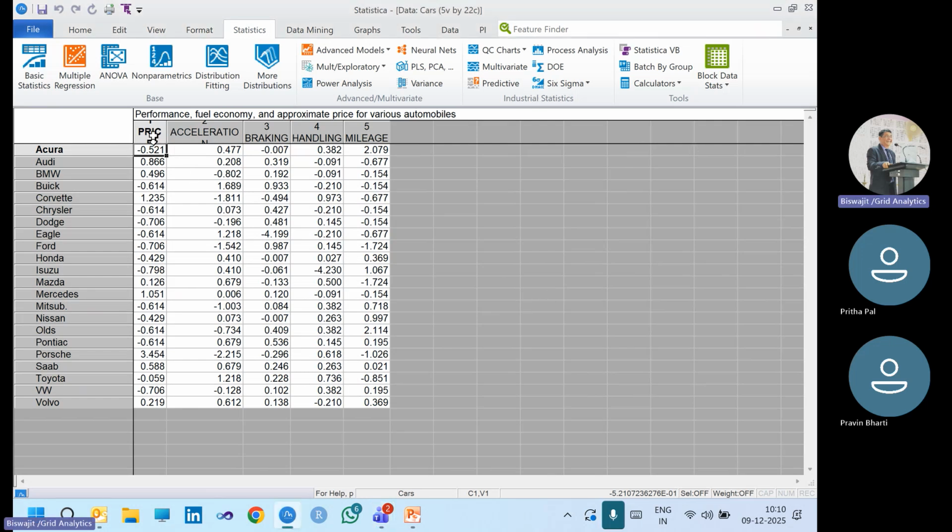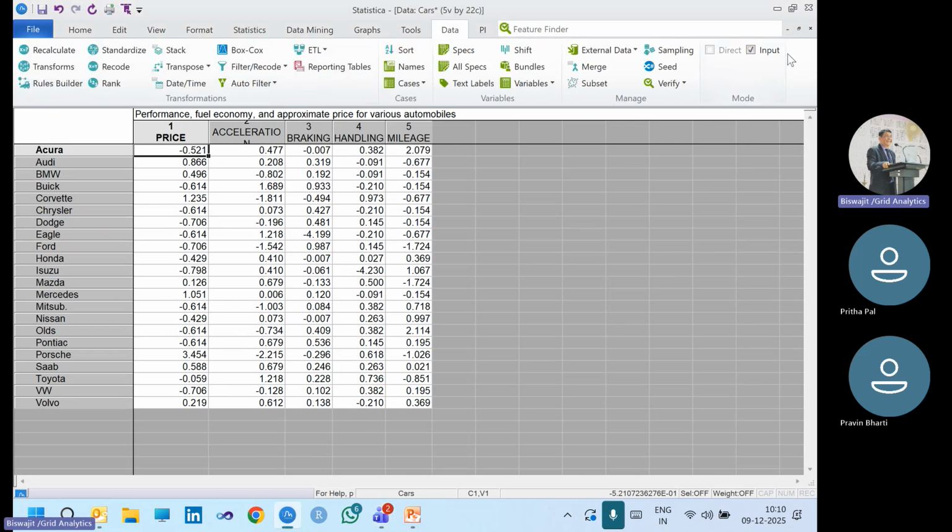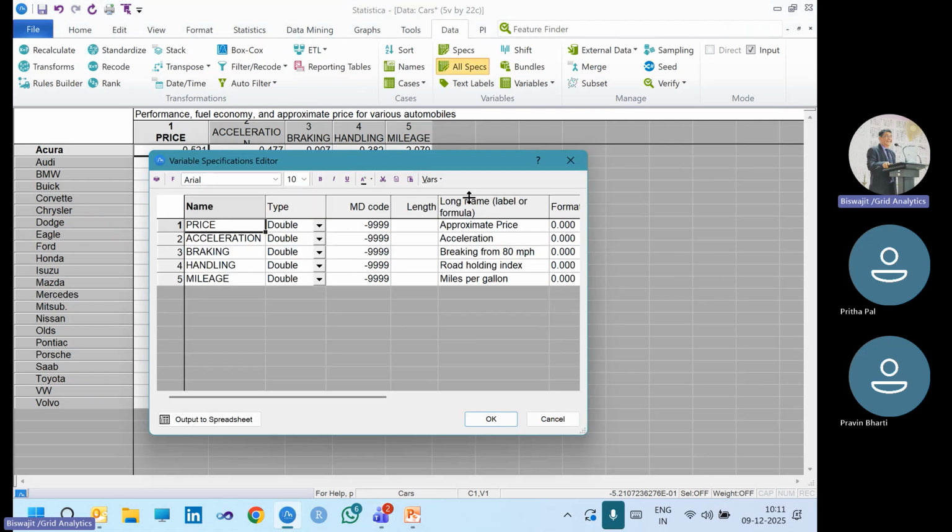So here I can see in the features, if we wanted to have a full description of the features, we can go to data, and under the data, I can go to the all specification.